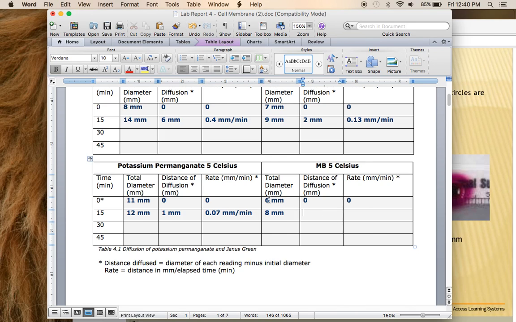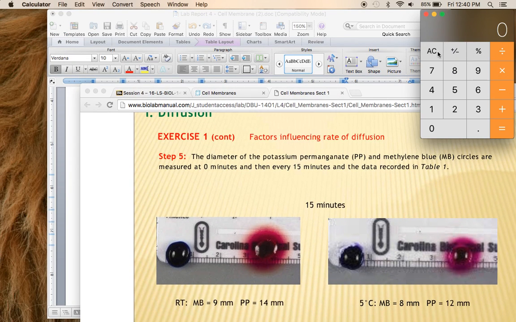Looking at this one, it's gone from 6 millimeters to 8, so the distance is 2 millimeters. And so the rate would be 2 millimeters divided by 15. So looking at our calculator, 2 divided by 15, 0.13.